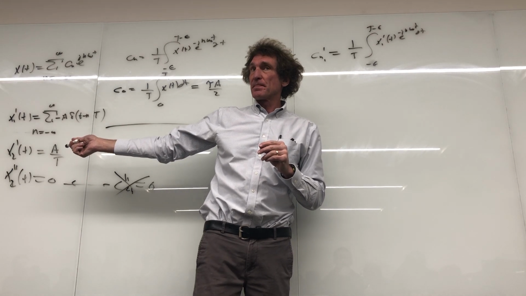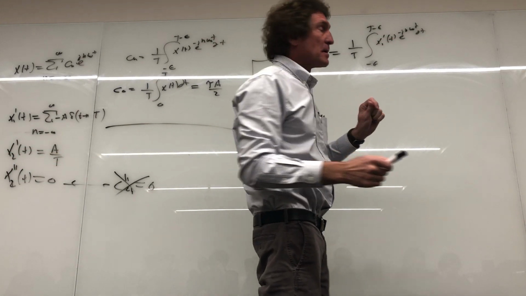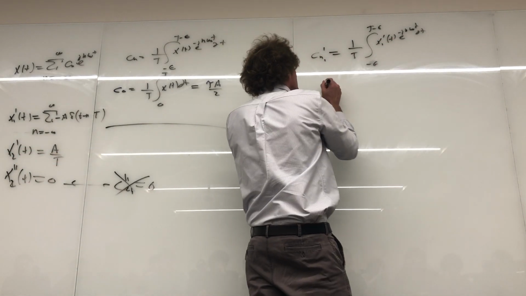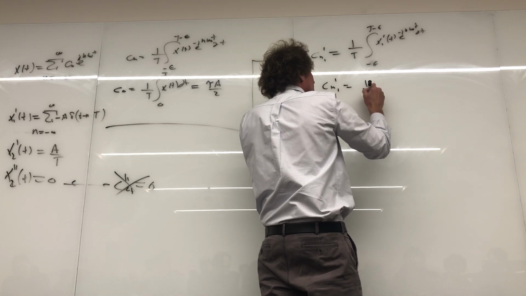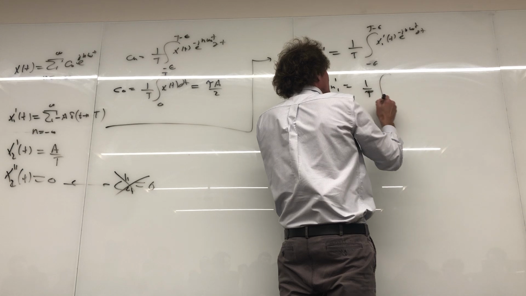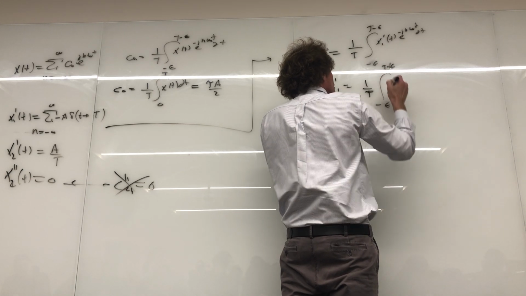Got me on this? Right? All right, when we take a look at that right here, what is that actually though? That's 1 over the period, right? Then I have the integral from minus epsilon to T minus epsilon of this. What is that?